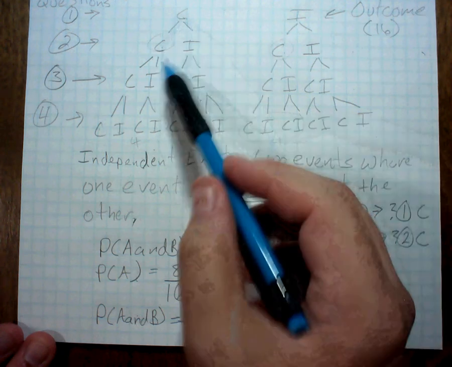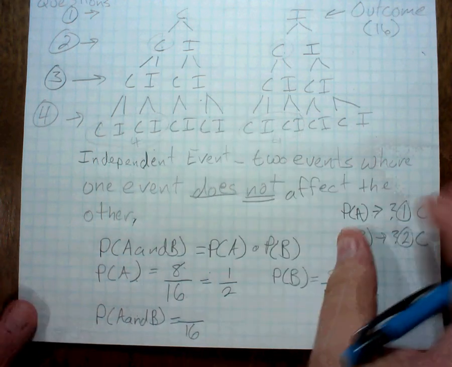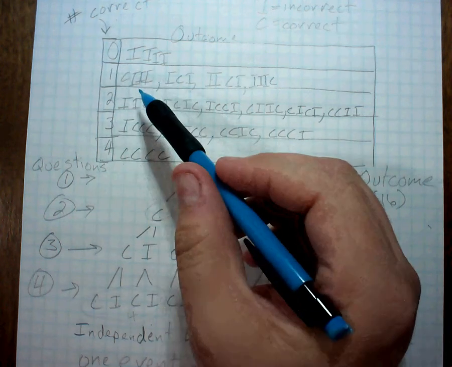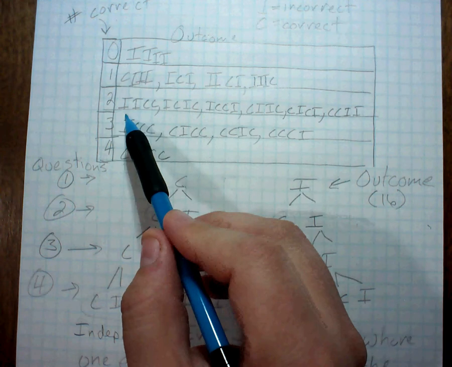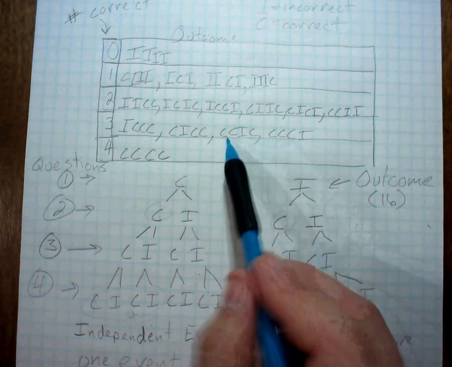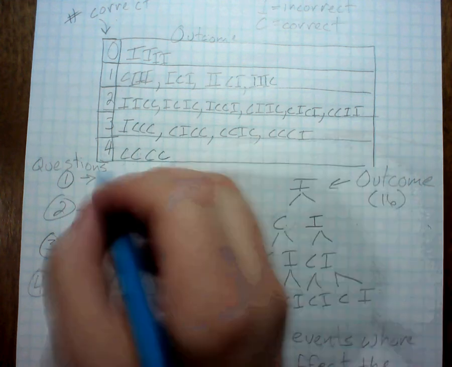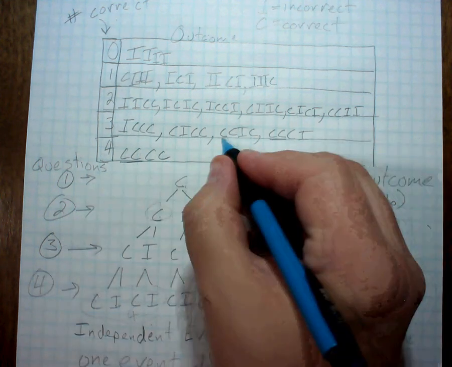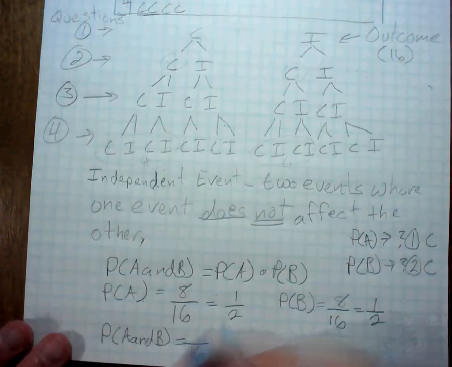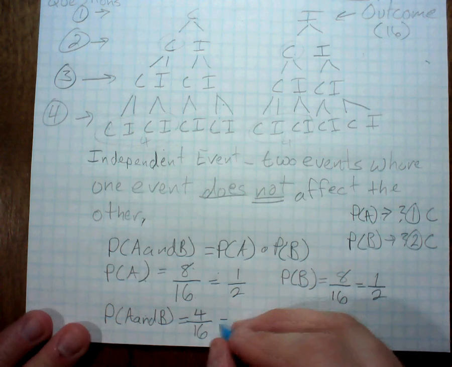If you follow that down, you're going to have these 4 possible combinations. In the table, what I'm looking for is CC, so the first 2 questions are correct. There's 1, 2, 3, 4. So my probability of the first 2 questions being correct would be 4 out of 16, which reduces down to 1/4.